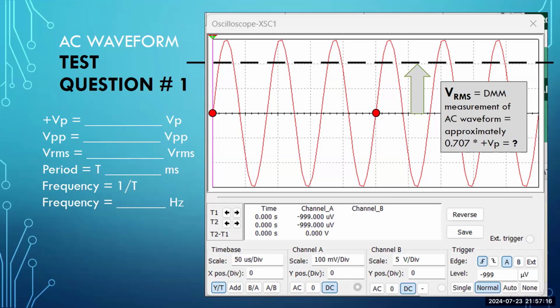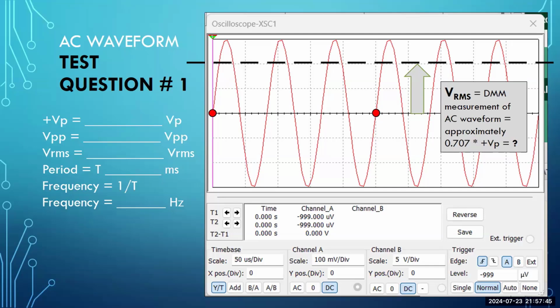You were asked to calculate period as the symbol T in units of seconds or milliseconds or microseconds, some quantity of seconds. Then you're given the formula, frequency. Frequency is equal to the reciprocal of period, 1 over T. So once you calculate T, you can calculate frequency. So you have 5 things to fill in.